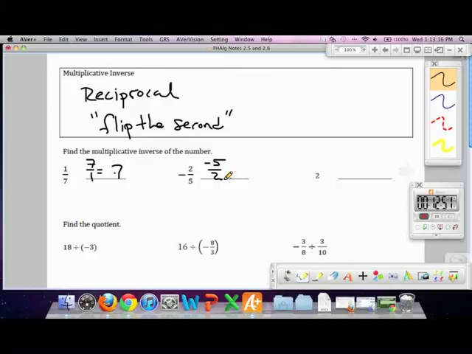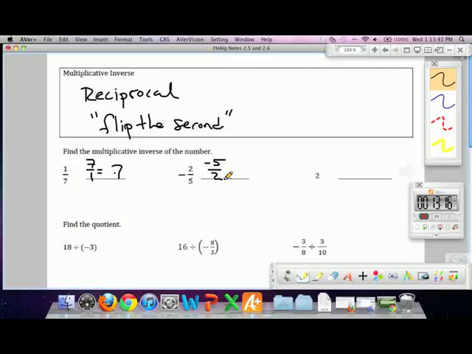You can put the minus on top, you can put the minus on the bottom, it does not matter. But you can only have one of them, because if it's both, then it's positive, and it's supposed to be negative. Okay. What's the reciprocal of a whole number? 1/10. Let's put the whole number over 1 and then flip it. So 1/2.